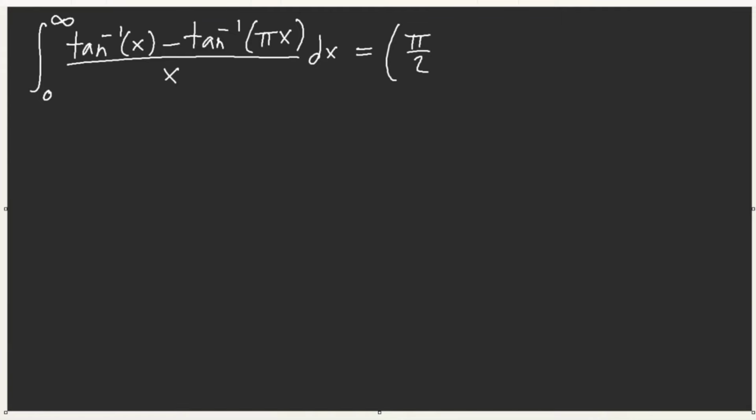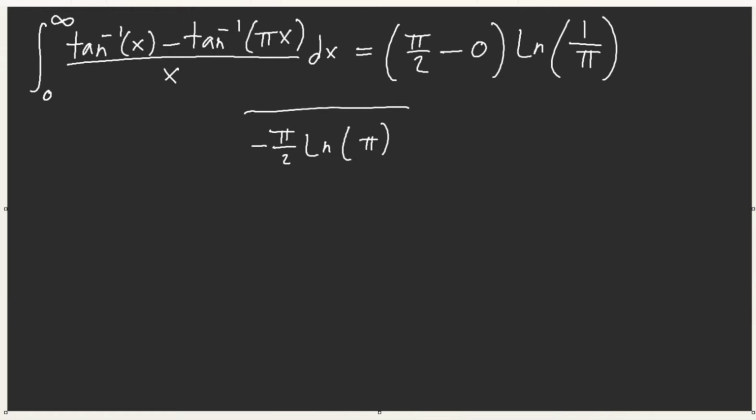Plugging in 0, that's 0. And the coefficients give us 1 over pi. So our answer is negative pi over 2 ln of pi. And we're done. It's as simple as that. You just use the Frullani integral formula, so super easy.